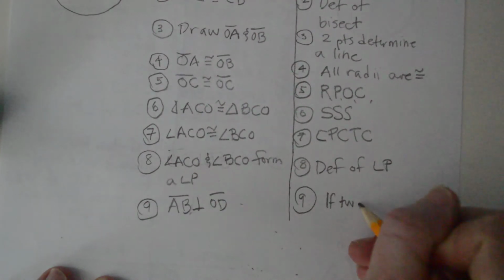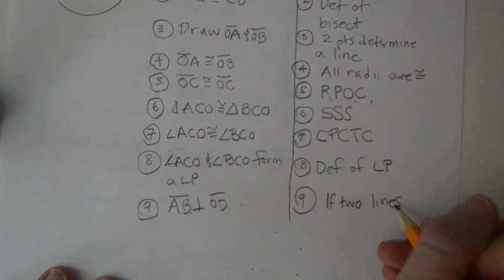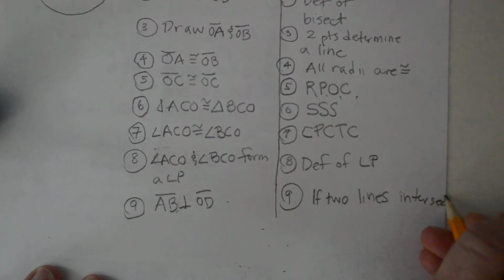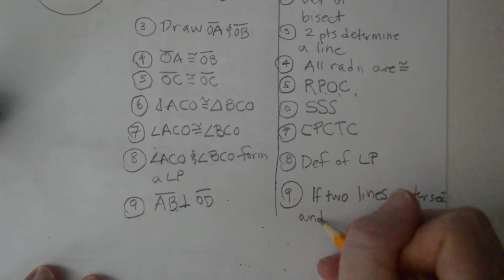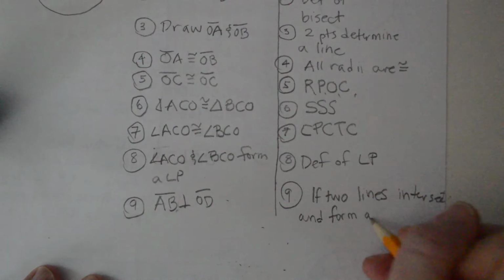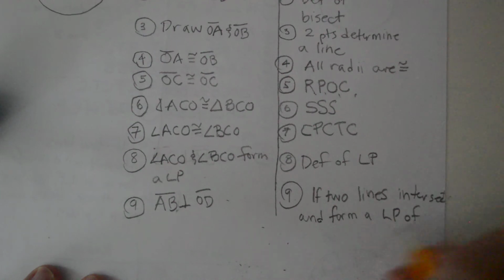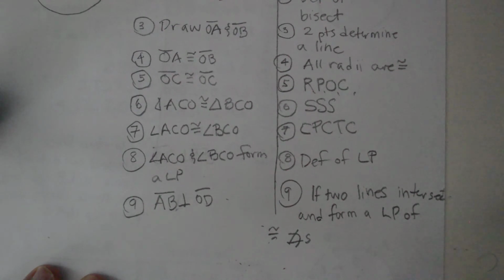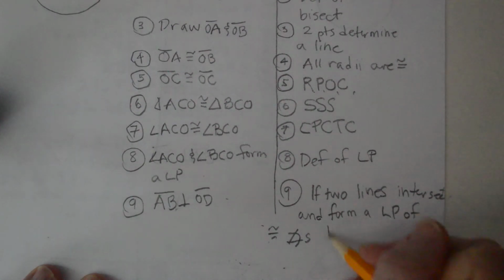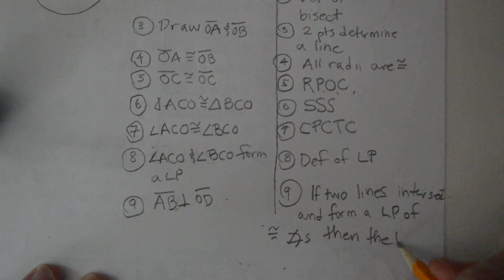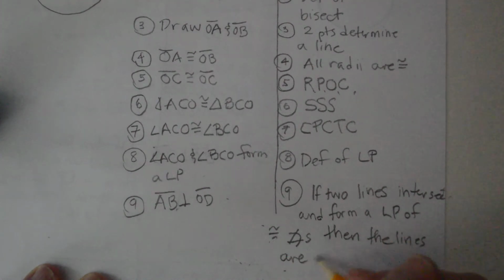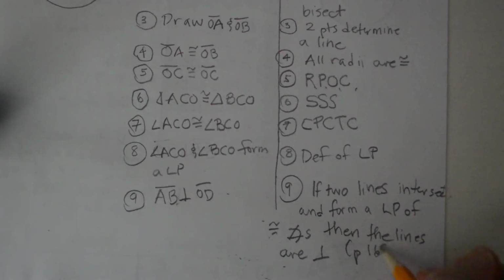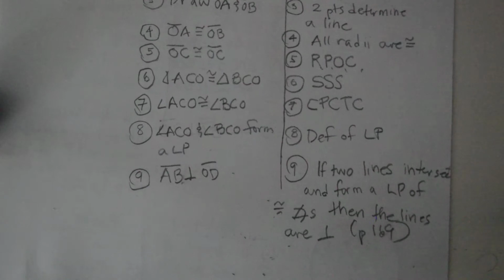If two lines intersect and form a linear pair of congruent angles, then the lines are perpendicular. And again, you don't have to use that. This is on page 169. You don't have to use that, but if you do, it saves you many, many steps.